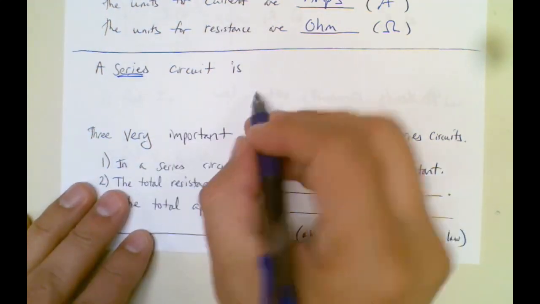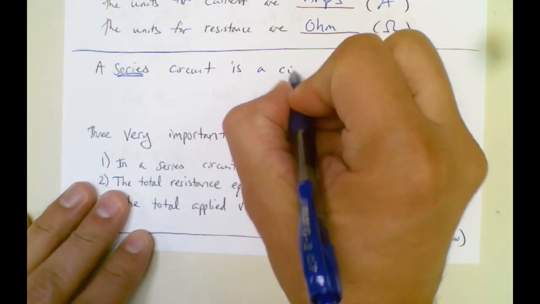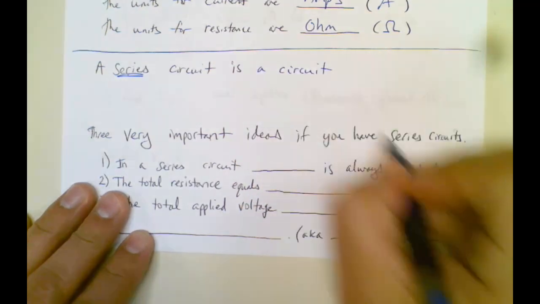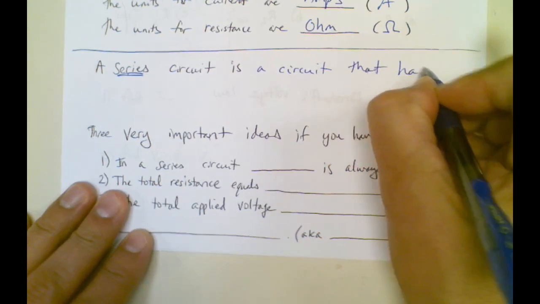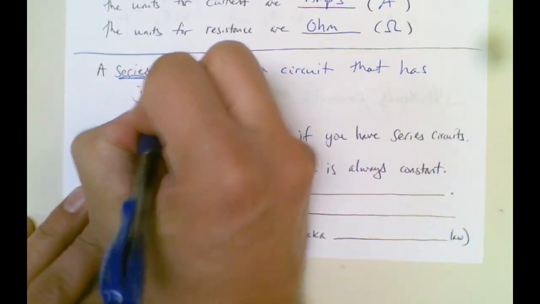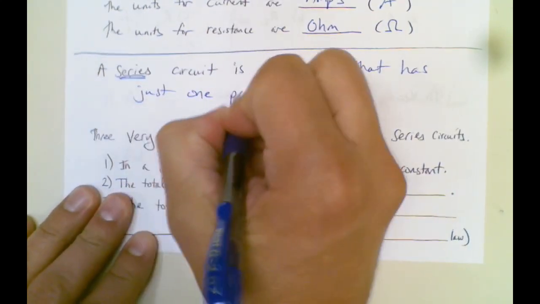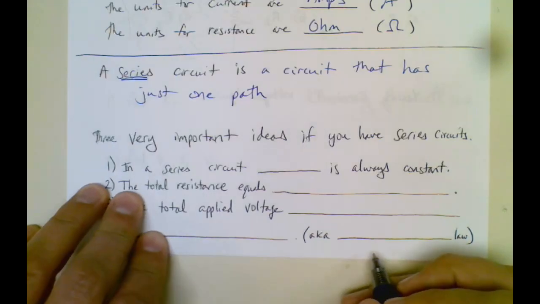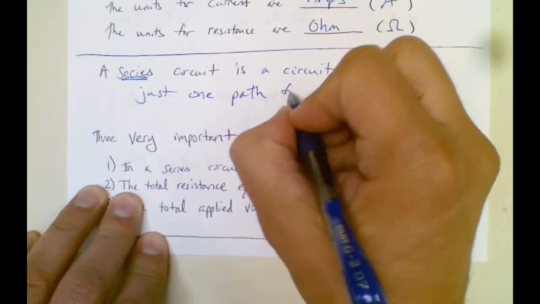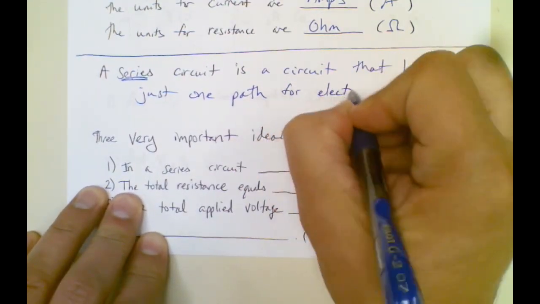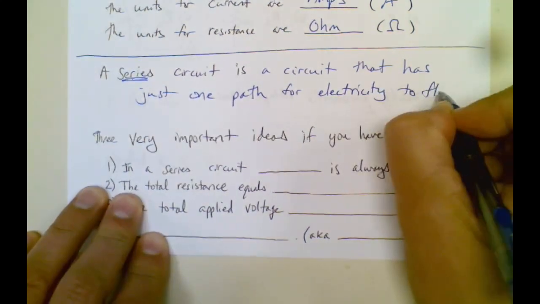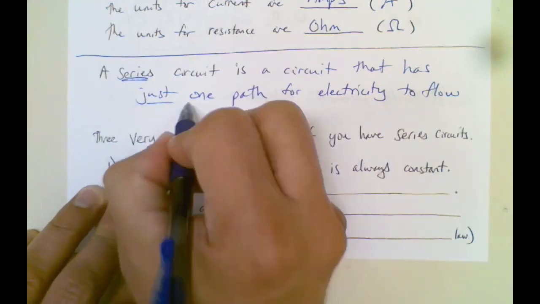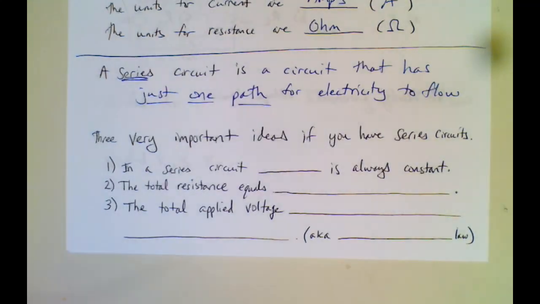A series circuit is a circuit that has just one path for electricity to flow. Just one path is what makes it a series circuit.